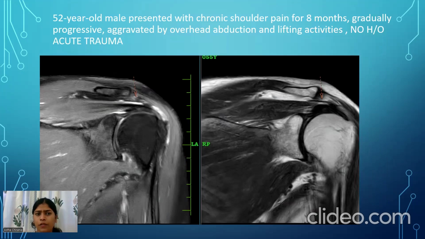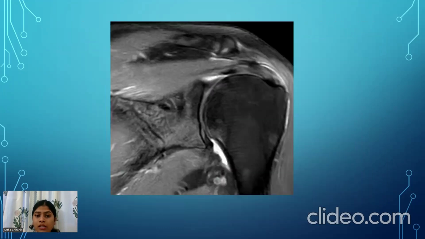The third case was a 52-year-old male who presented with chronic shoulder pain for 8 months, gradually progressing, aggravated by overhead abduction lifting activity. There was no history of acute trauma. Here we can again appreciate T2 weighted and PDFS weighted images, where we can appreciate fluid signal intensity in the bursal surface of supraspinatus consistent with reverse PASTA lesion.